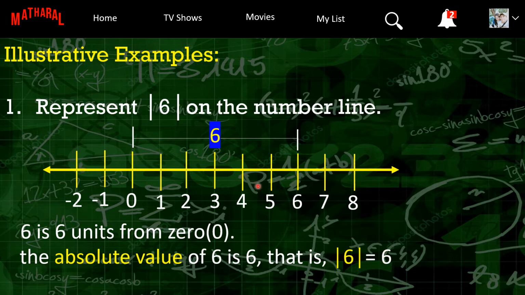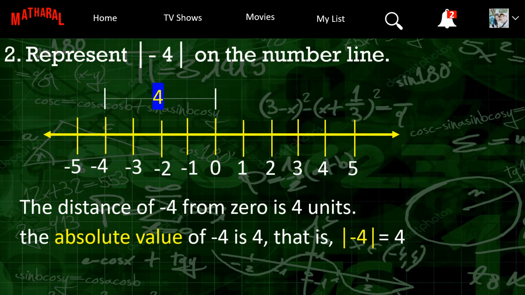Take note, if you see any integer with no negative sign or positive sign, it is automatically a positive integer, as what you've seen here. Later, you will understand the other forms and explanations of the positive integer. So, to the next slide.